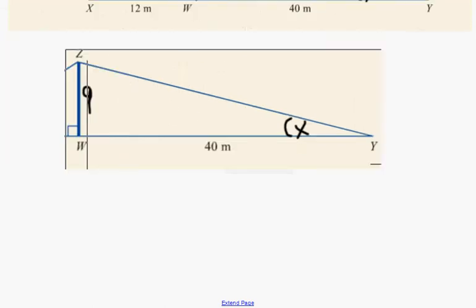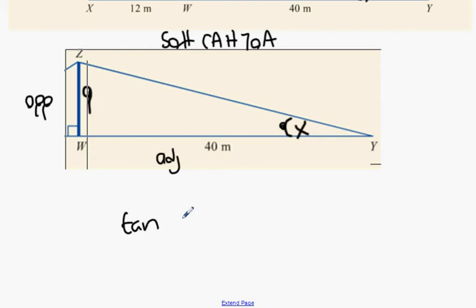What are the 9 and 40 relative to the X? Okay, and what function should you use? Sine, cos, or tan? Alright, tan what? It's always the angle. Equals?